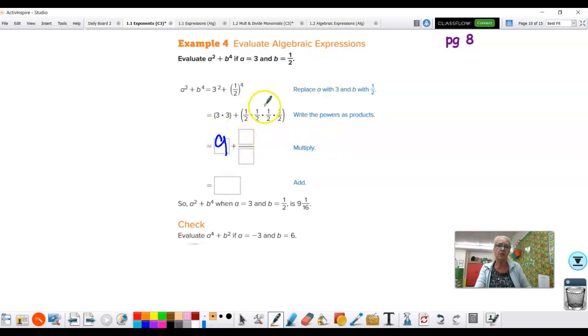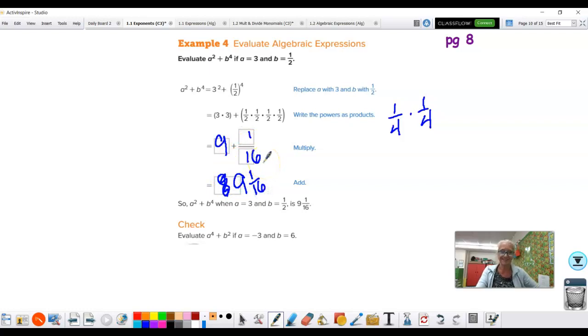And 1/2 times 1/2 times 1/2 times 1/2. Well, 1/2 times 1/2 is 1/4, and another 1/2 times 1/2 is another 1/4. And 1/4 times 1/4 is 1/16. So then you add them together, you're going to get 9 and 1/16.